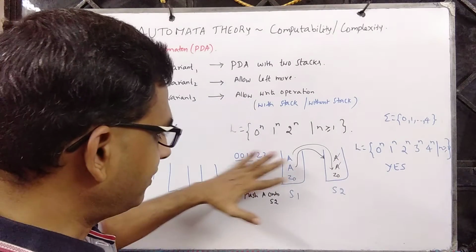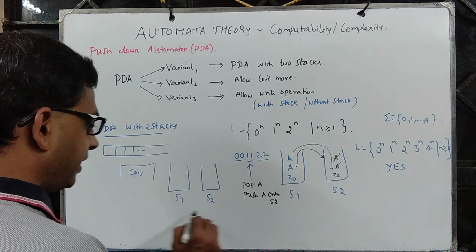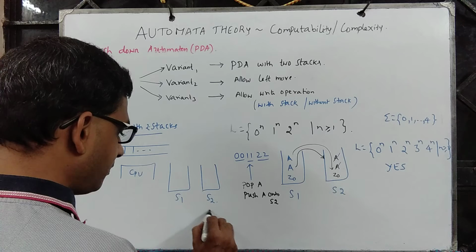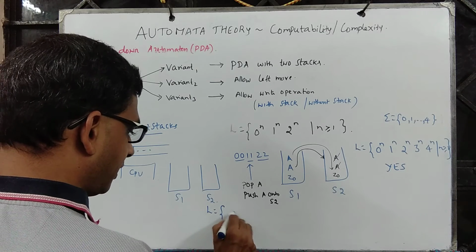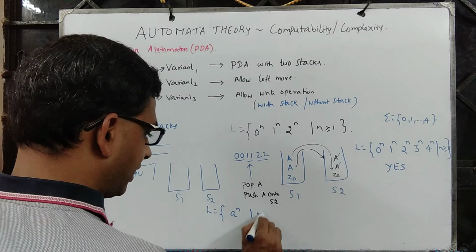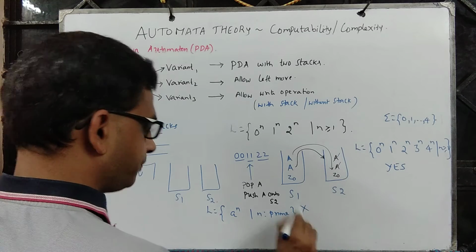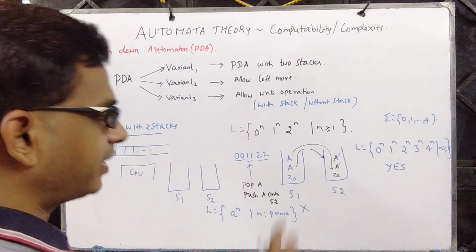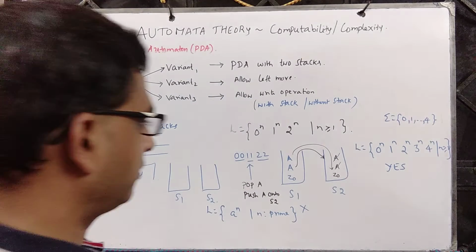But can this solve other questions, meaning L is equal to a power n such that n is prime? Answer is no. With this you can only remember a pattern, but no arithmetic can be done.